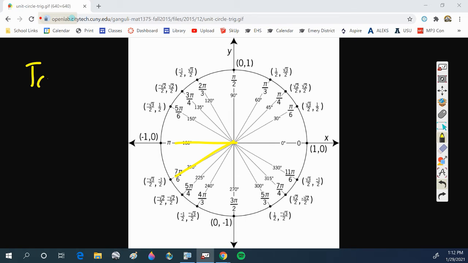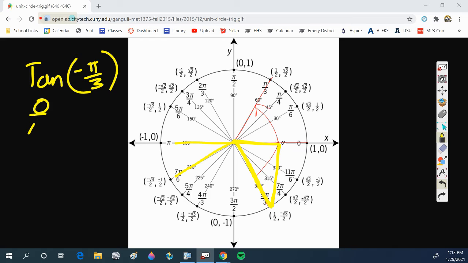Let's do the tangent of negative pi over 3. Where does negative pi over 3 land? Well, it's going to be the opposite of that angle. So instead of going that direction, we're going to go that direction. Here's my triangle. Okay?